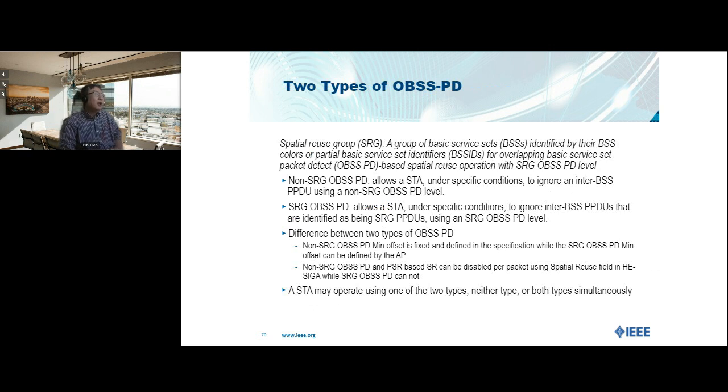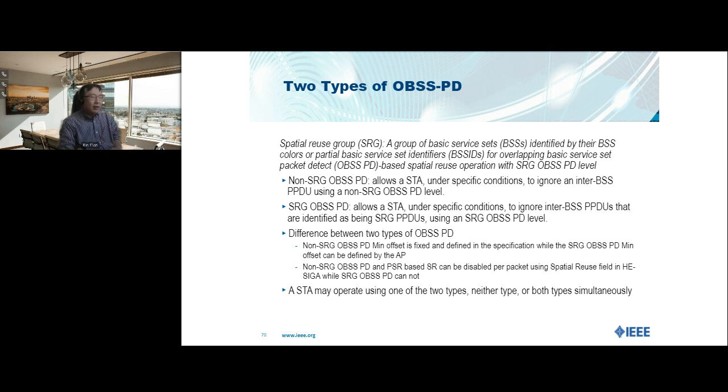So there are even more details there. There are two different kinds of OBSS-PD defined. One is called spatial reuse group, SRG. The other is non-SRG. So intuitively, SRG is a bunch of APs that deploy together.